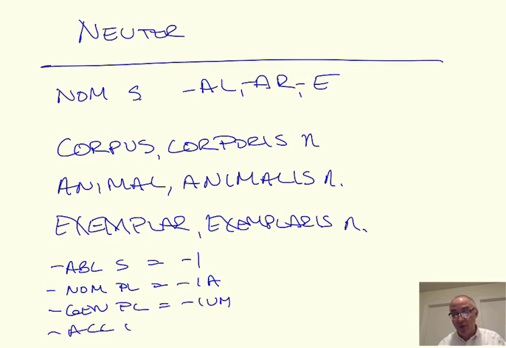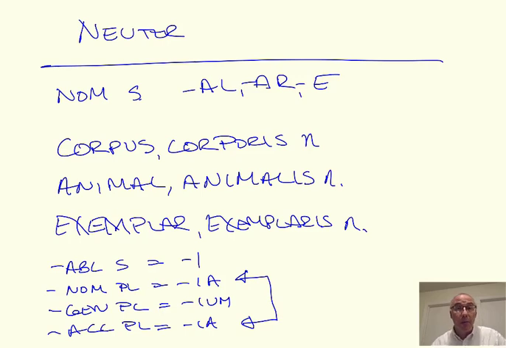And the accusative plural equals IA. And remember, the nominative and the accusative are always going to be the same anyway. That's all it means for these words. The rule for I stem just means you're going to throw in an extra I in certain places. And this rule for neuter, AL, AR, E, seems fairly random. I would agree with you. It's just something to memorize.